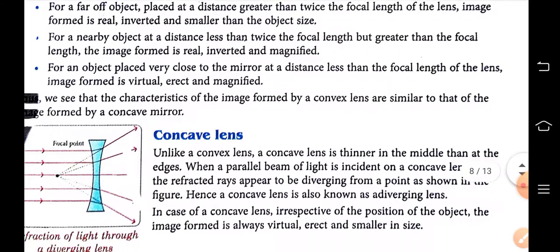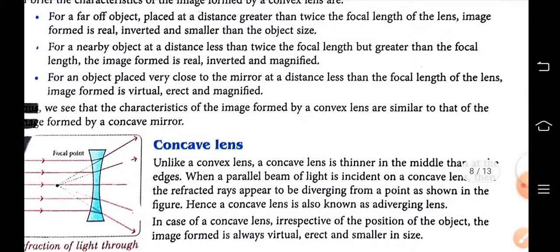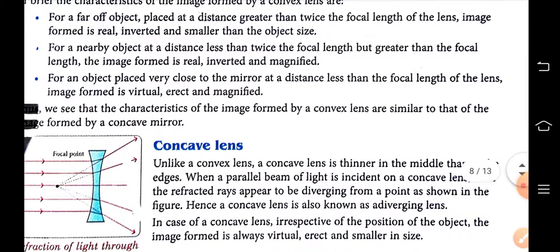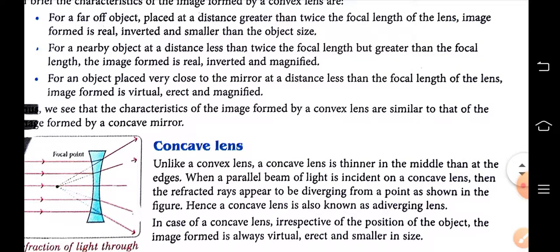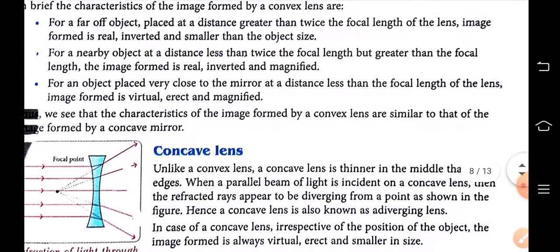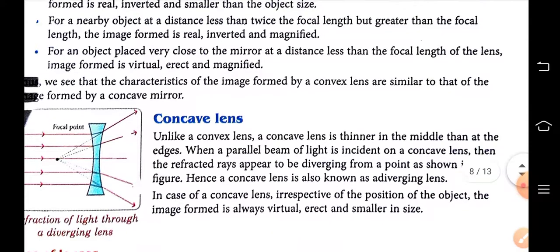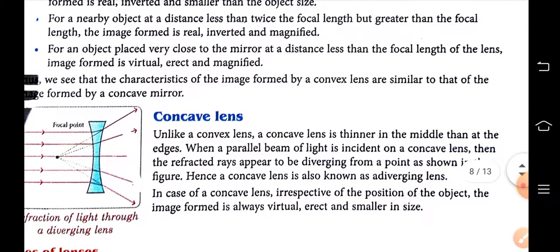Now the size increases, and for the object which is placed very close to the lens, at a distance less than the focal length of the lens, the image formed is virtual, erect and magnified. Do correction here, it is very close to the lens. It is written here mirror, do correction here.